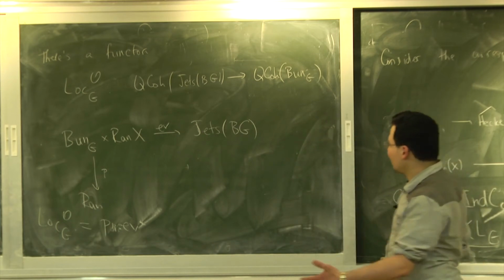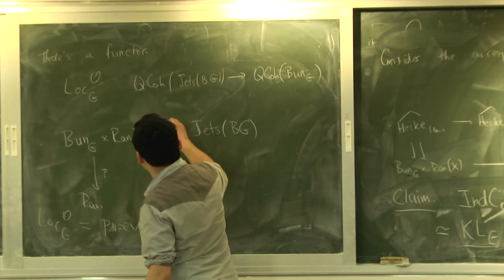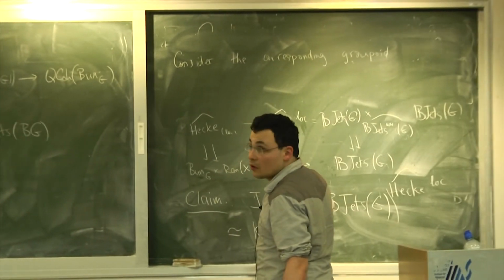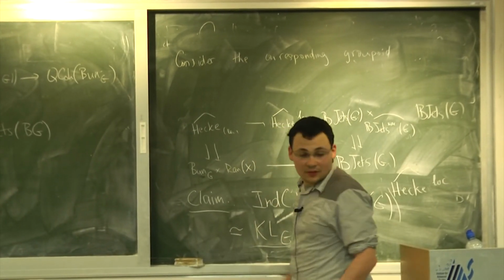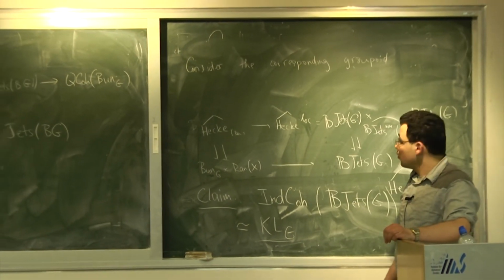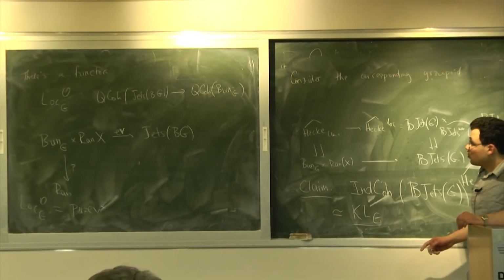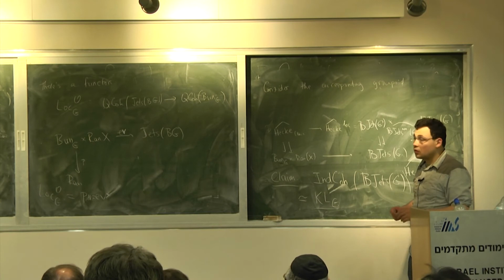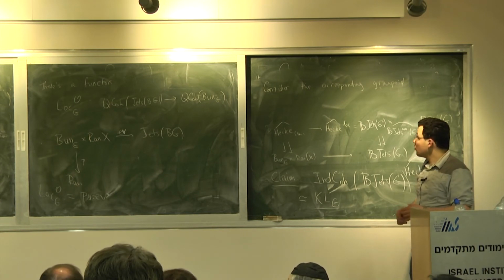But you didn't have a diagram like the one on the right. This one? So you have this functor from quasi-coherent sheaves on local systems up to representations. Yeah. Adjoint.